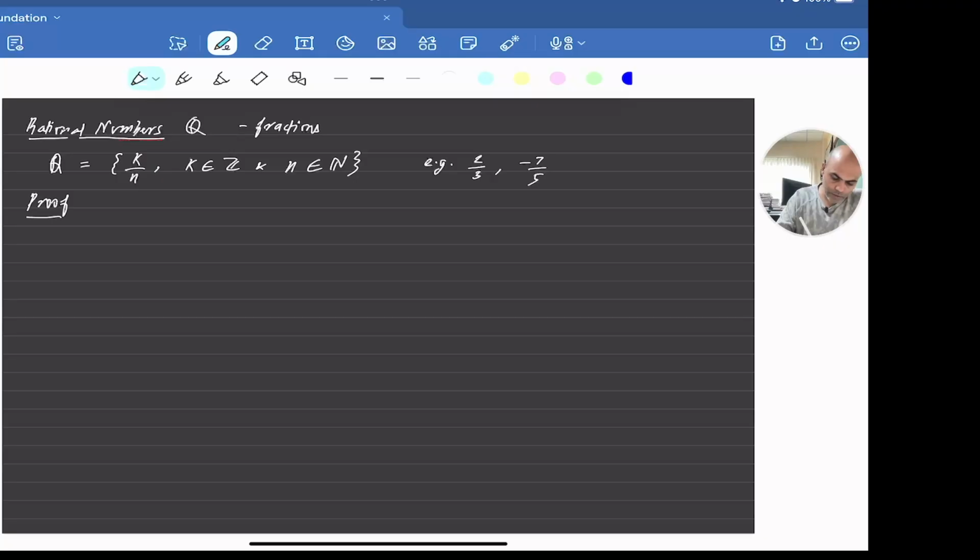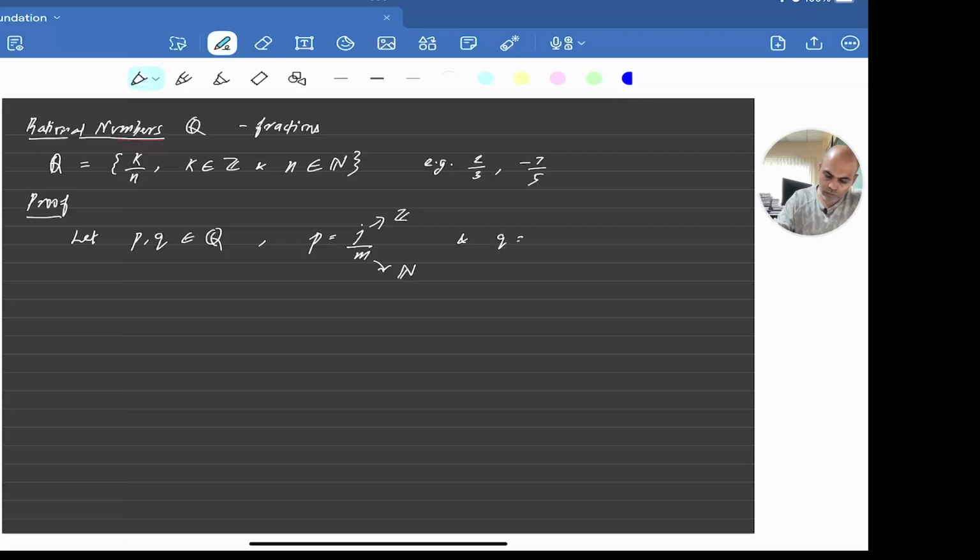So let's start with two numbers P, Q in this set. So we can write P as J over M, where J is an integer and M is a natural number.